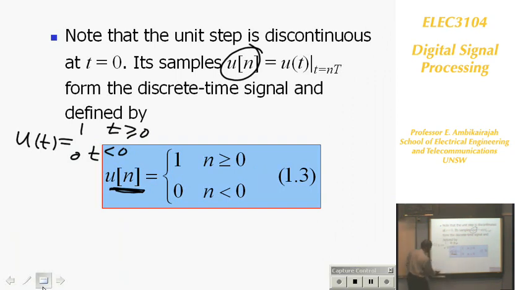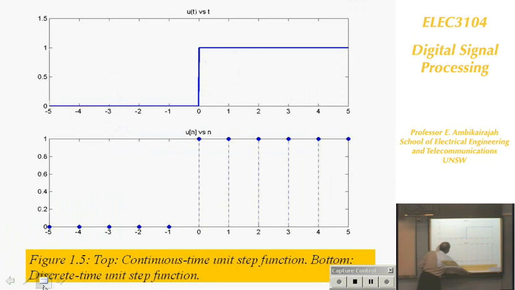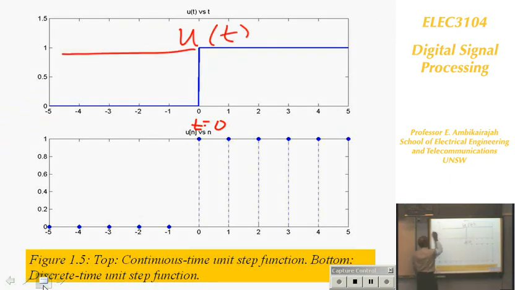So let's look at that. Here is your t equal to 0. This is u(t), and it's 1, you can see. And this is u[n], defined at definite points. In between we don't know. So 0, 1, 2, 3 are the positions. That's the difference between u(t) and u[n].